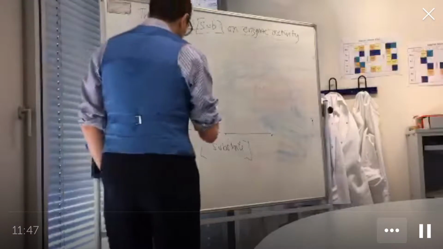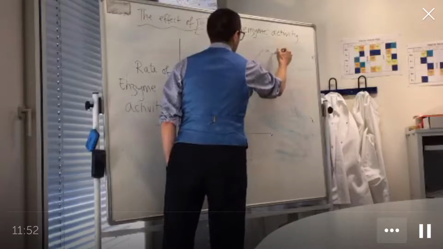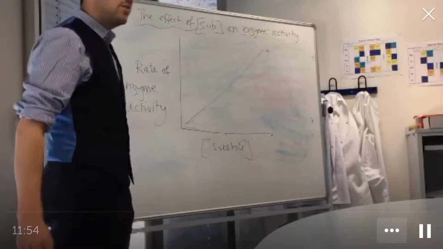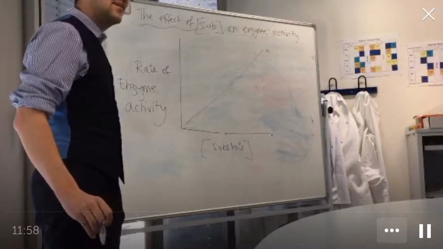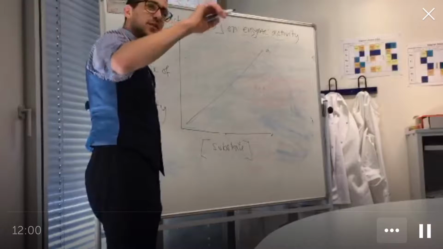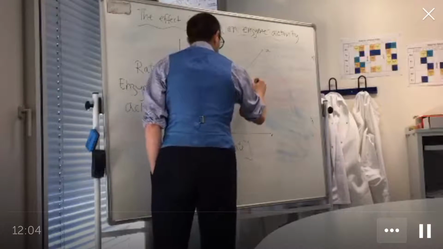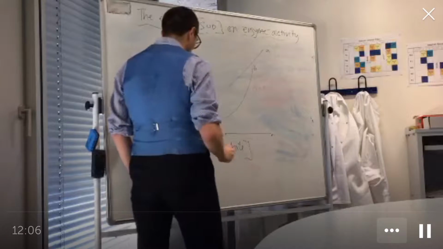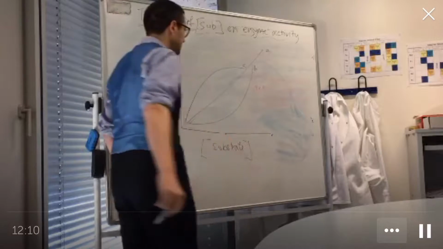So, a linear increase would look like a straight line. So A, that's one option. An exponential increase would look like, yep, like a half pipe, quarter pipe, whatever you call it. Okay, so B, or might it do this? C.